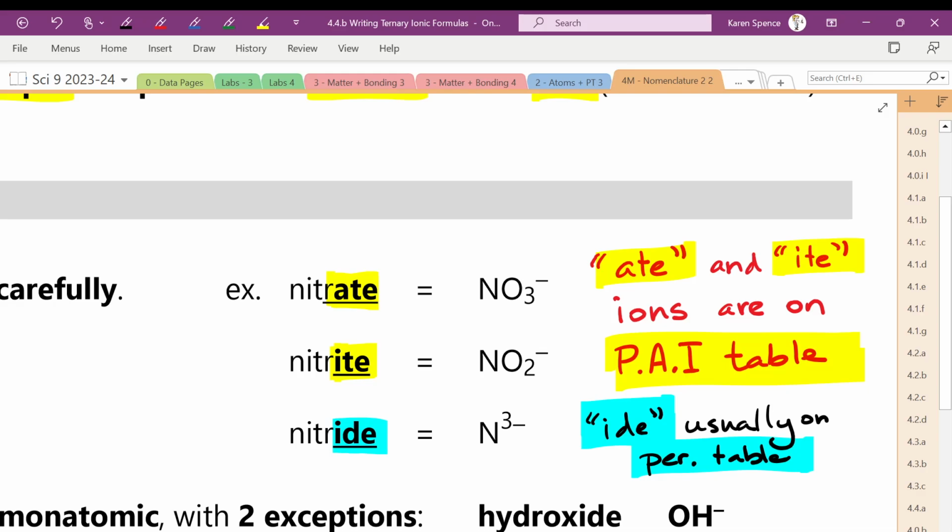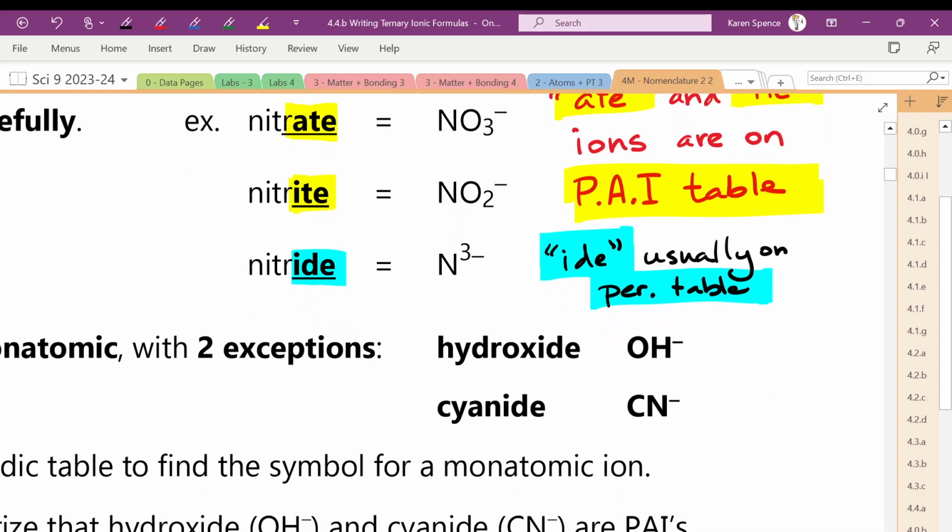Most ides are on the periodic table, but these two ides, hydroxide and cyanide, are polyatomic ions. So you'll notice when I said ide is usually on the periodic table, that doesn't mean that there aren't exceptions, okay? I'd actually like you to think about the word hydroxide.